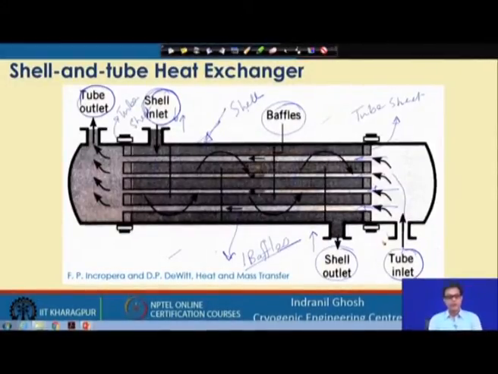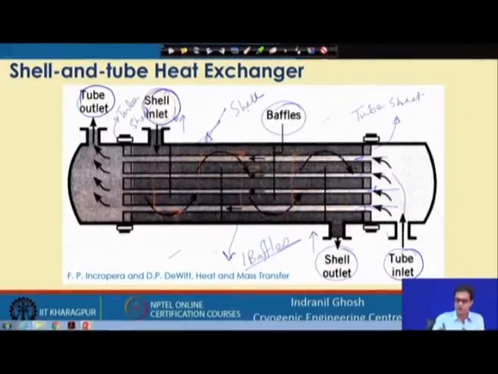So, it will basically be a counter current or parallel current arrangement, but if we look at the staying time of this fluid, it is very small, whereas on this side if we have baffles, it is coming like this, it is a cross flow, and then here this is a counter current arrangement, then again it is flowing in cross flow, again in counter current arrangement, then cross flow.